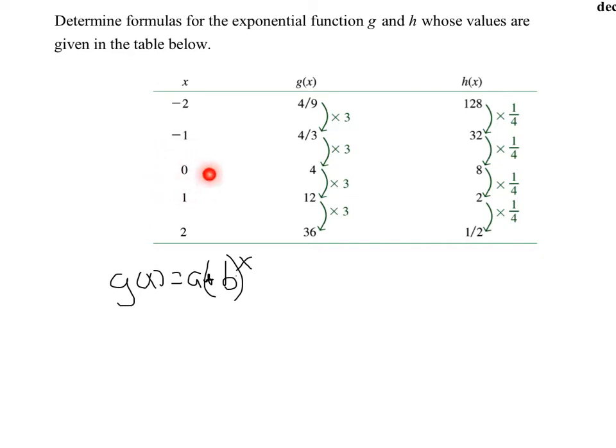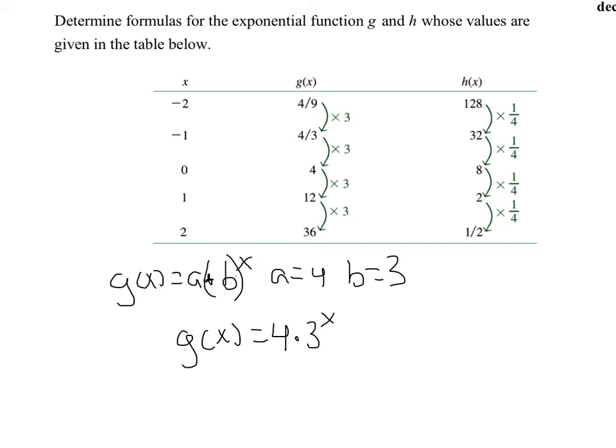So what did it equal when x was 0? It equaled 4. So I know a is 4. And then the growth factor is, what is it growing by every time? 3, 3, 3, 3, because you can do the reverse. What's 36 divided by 12? 3. 12 divided by 4? 3. And I know b is 3. So you have g of x equals 4 times 3 to the x.